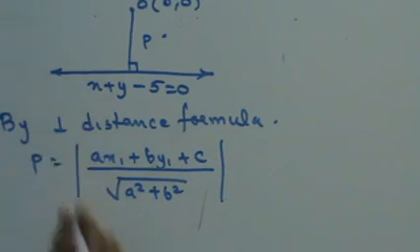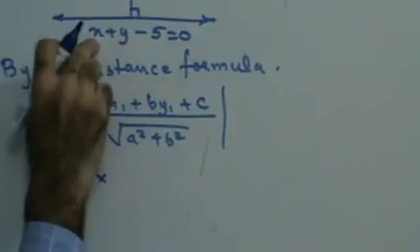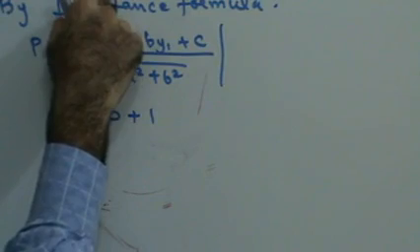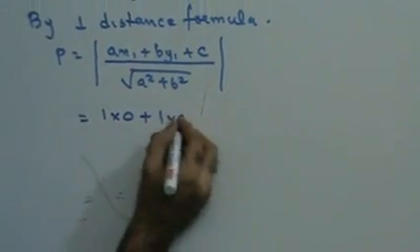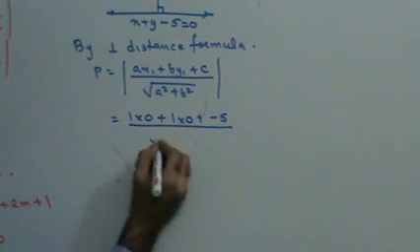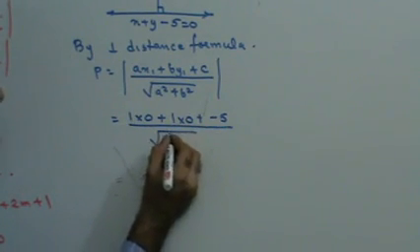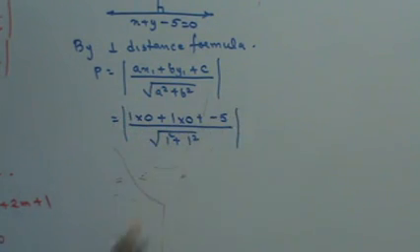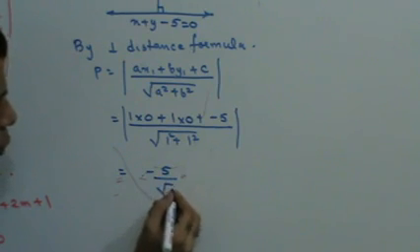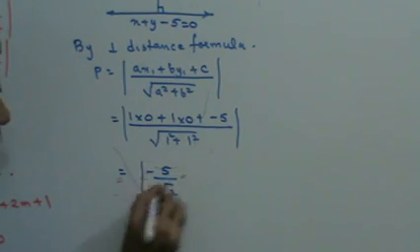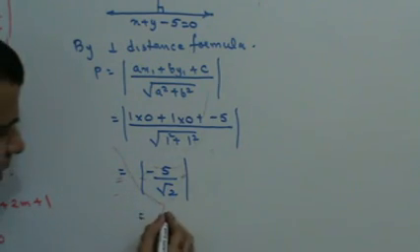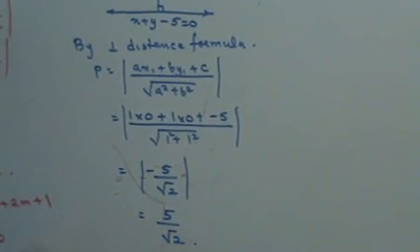So in which case a is 1, x1 is 0, plus b is 1, y1 is 0, plus c is minus 5, upon square root of a square plus b square. Therefore, my perpendicular distance will be modulus of minus 5 upon root 2. Since it is modulus, the figure is going to be positive. So 5 upon root 2.